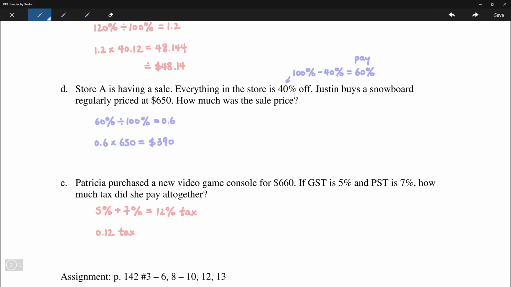So then we take 0.12 and multiply by the price, which is $660, and we'll find out what the tax is. And it'll be $79.20. So this will be just the tax. And if we add the $660 on top of the $79.20, that's how we get the total with tax included.